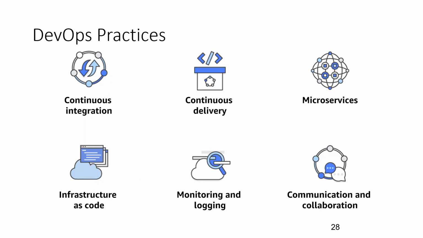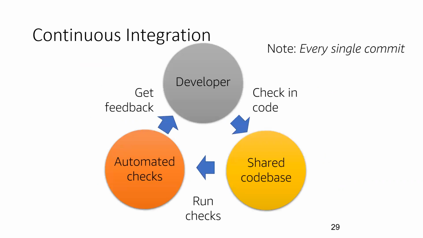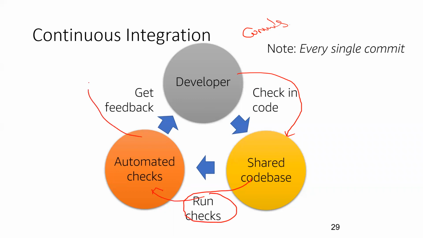So what is continuous integration? Let's understand. Every time a developer commits a code, the moment a developer commits a code into the source code management system, the source code management system will run all types of automated checks on the code and give the feedback to the developers.